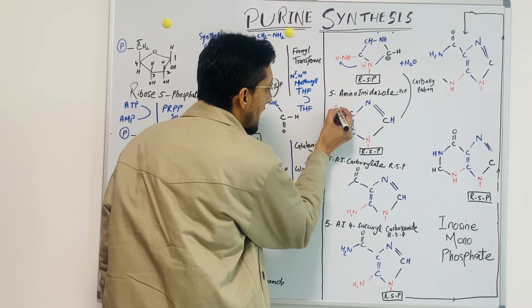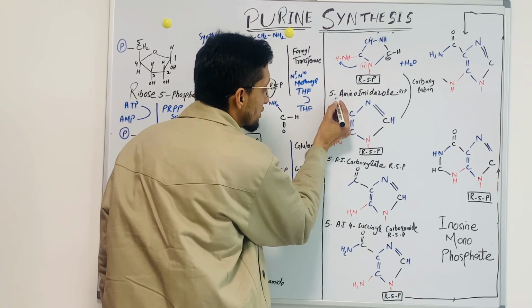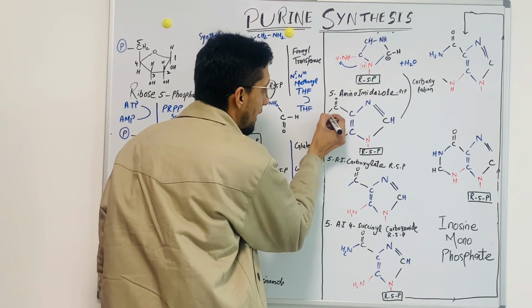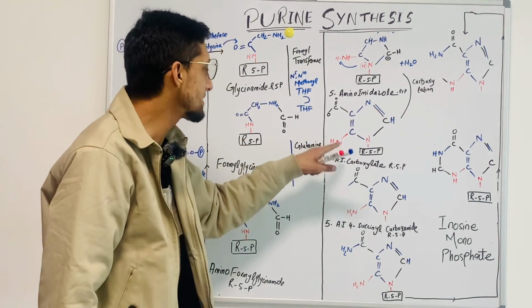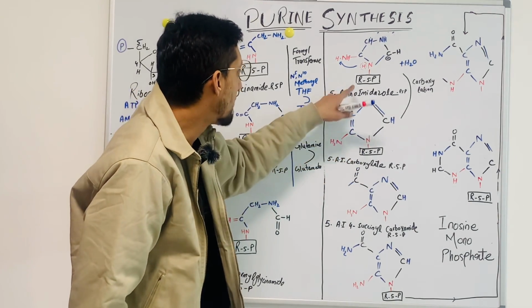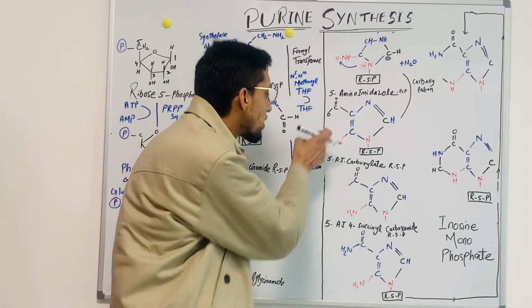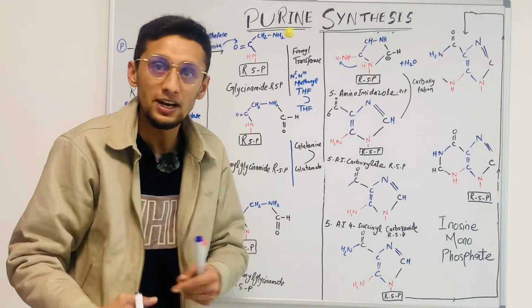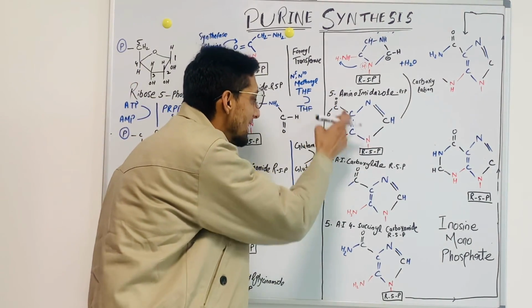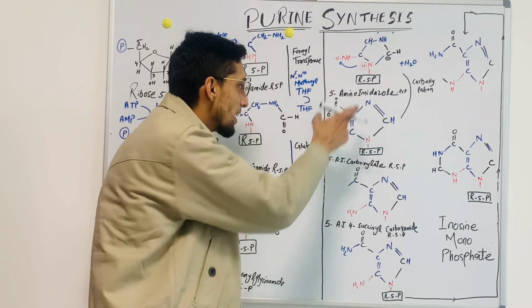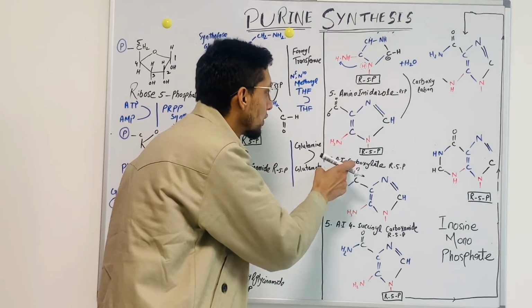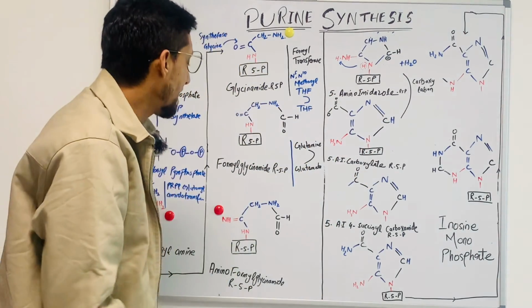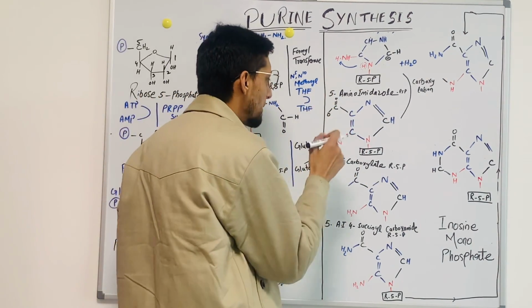Now the carbon dioxide, C double bond O and O, CO2, will get attached to this portion. After carboxylation, carbon dioxide is added to this aminoimidazole, and this compound is now known as 5-aminoimidazole carboxylate. So, this is very important.